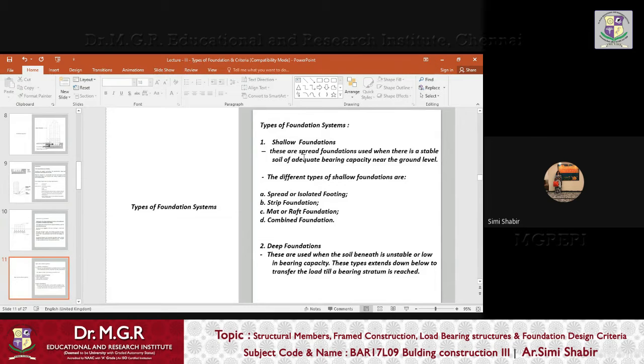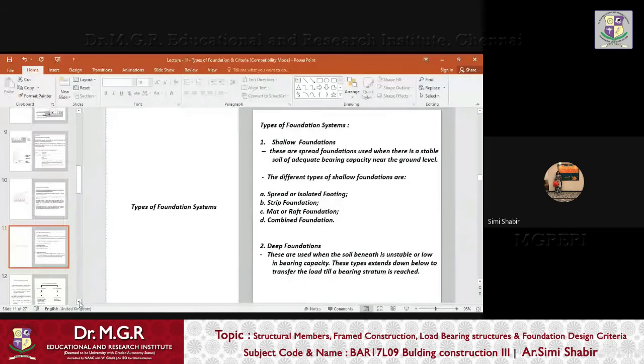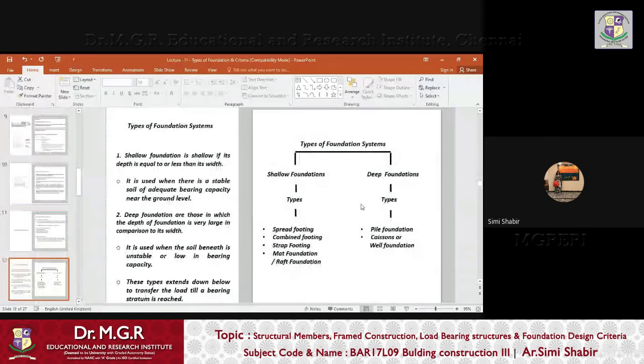In shallow foundation, we have spread or isolated footing, strip foundation, mat or raft foundation, combined foundation. In deep foundation, we have foundations like the pile foundation. So that is the basic difference between shallow and deep foundation.